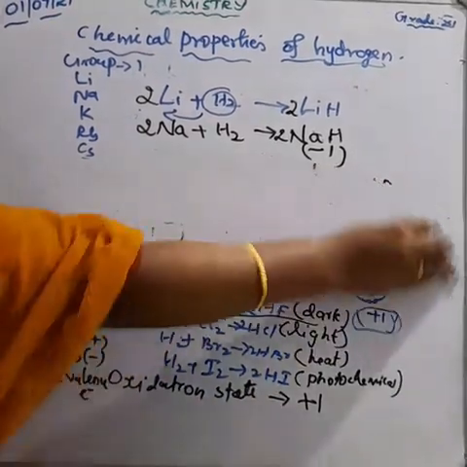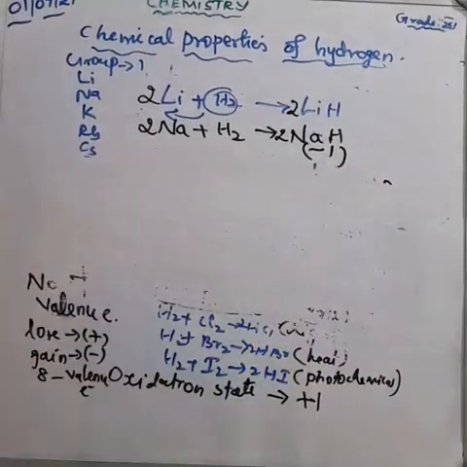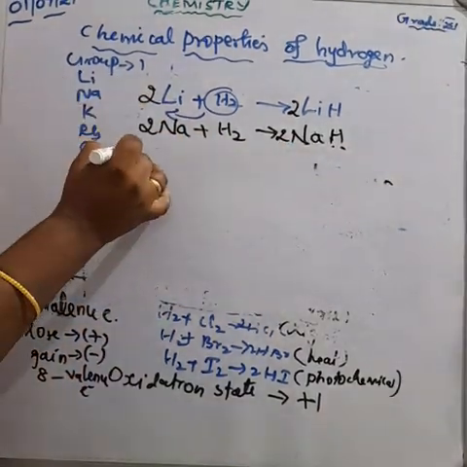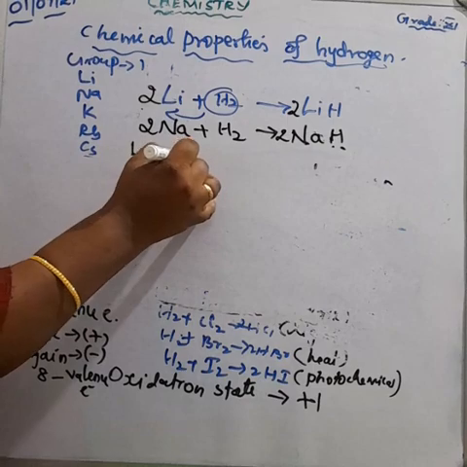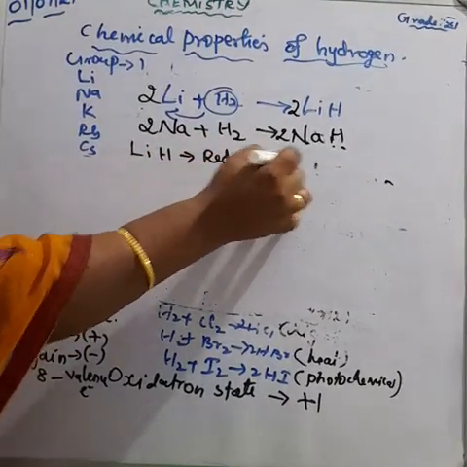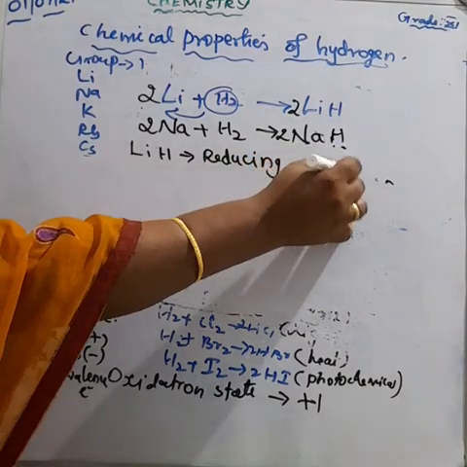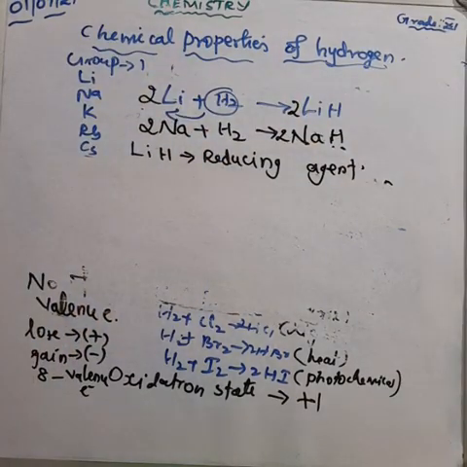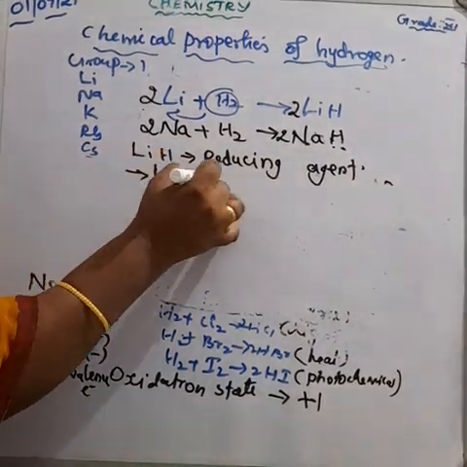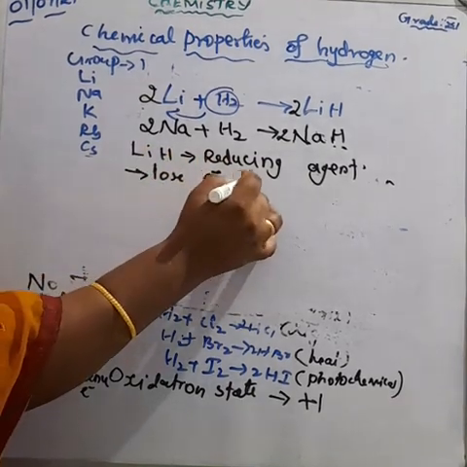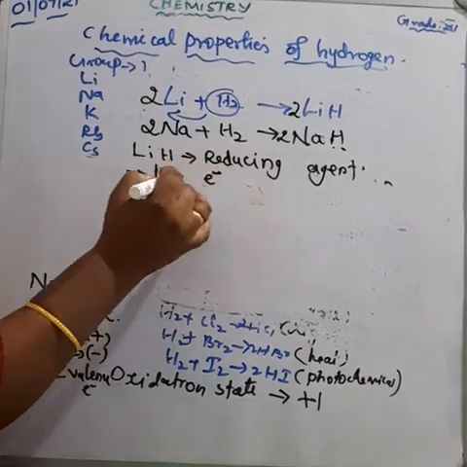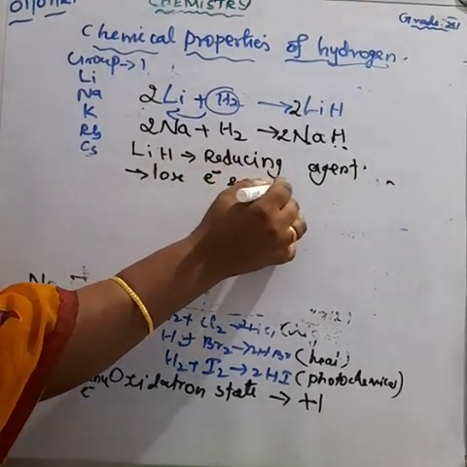These hydrides are used as reducing agents. Very, very important. These hydrides, lithium hydride, sodium hydride, are used as reducing agents. What do you mean by reducing agent? A reducing agent can lose an electron to the recipient, thus it is oxidized when it loses an electron in the redox reaction.